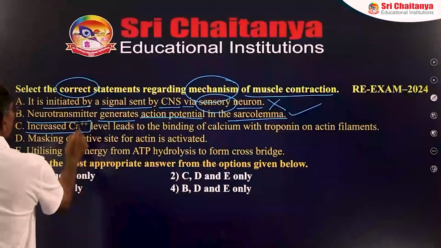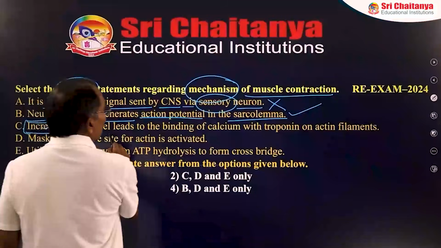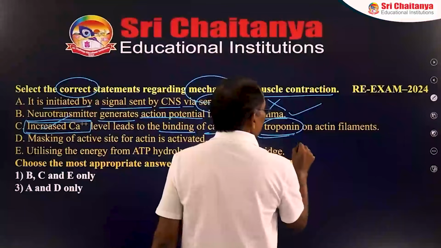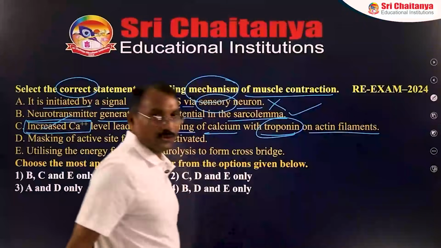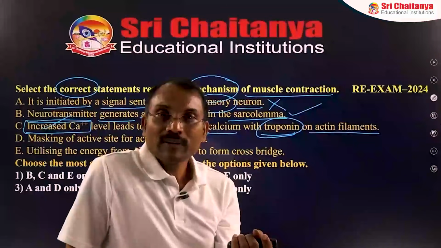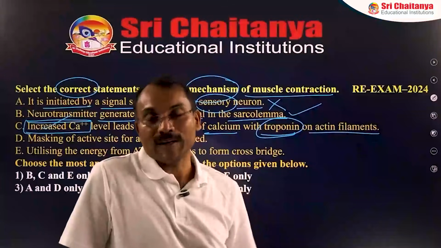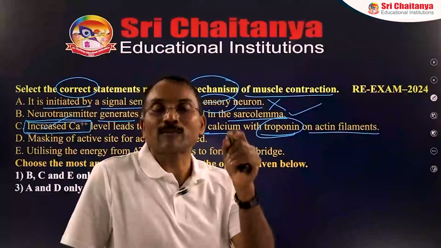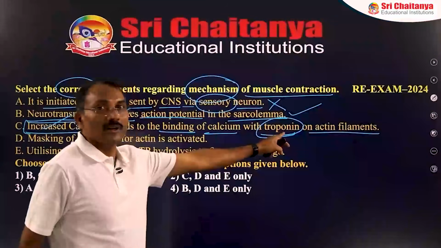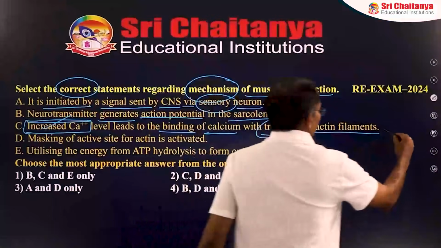Increased calcium levels leads to the binding of calcium with troponin on actin filaments. When calcium levels increase in the sarcoplasm due to activation of the muscle fiber, these free calcium ions bind with TNC of troponin protein on the actin filaments. So this statement is true.